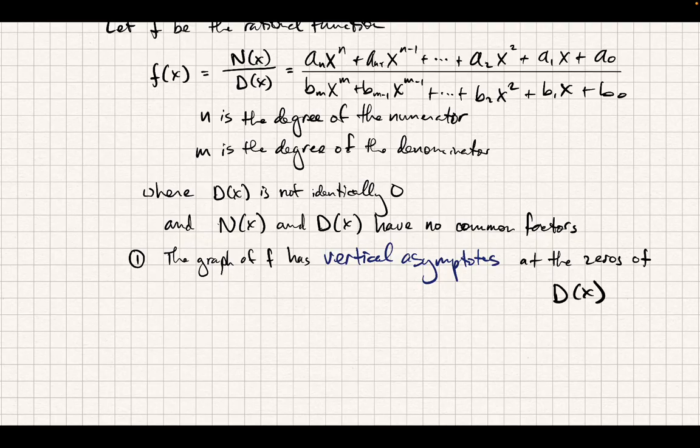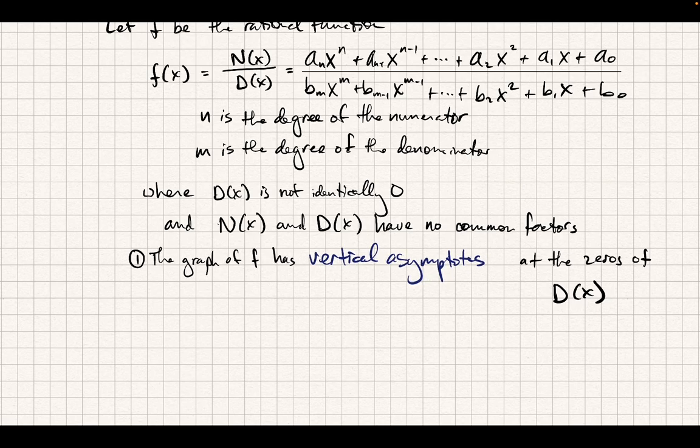So you can write that as d of x if you want to. So the graph has vertical asymptotes wherever the denominator has zeros.